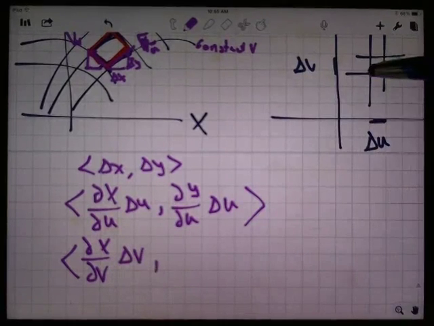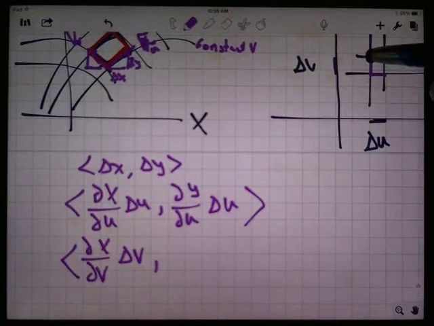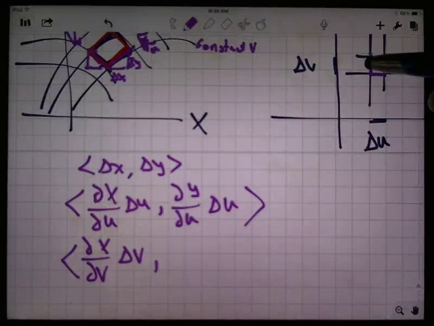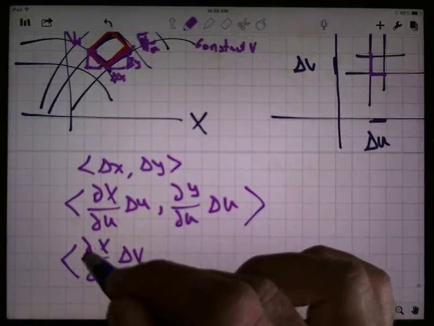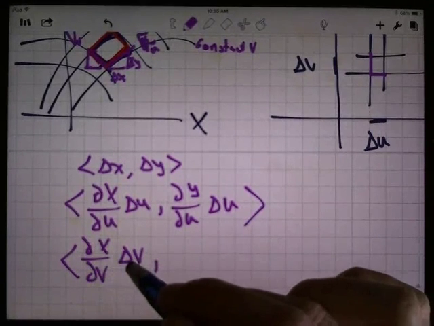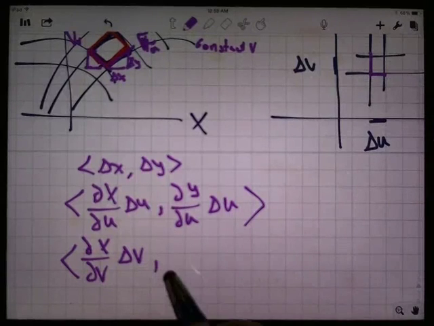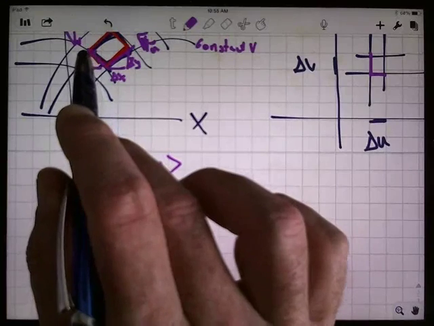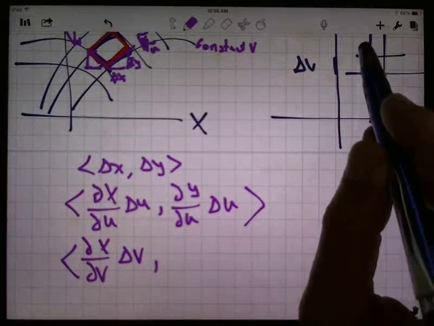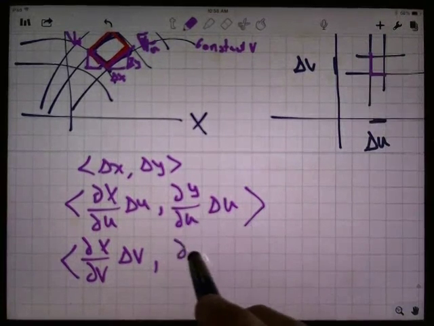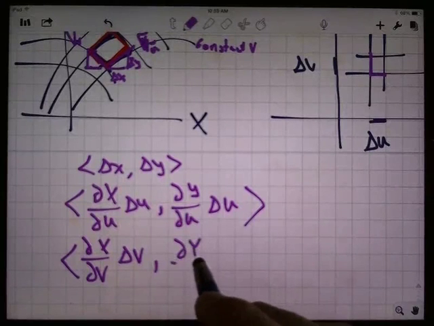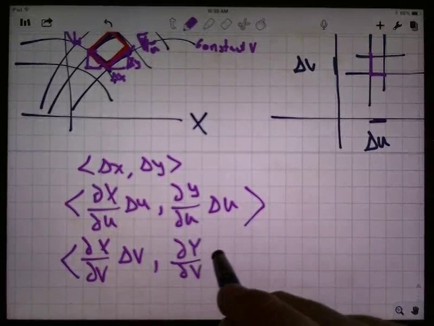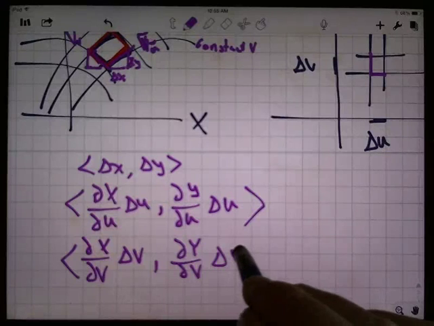All right, so I'm going to move this way along this one. So keeping u constant, I'm only changing v. X is going to change because there's a rate of change in that direction times the amount that you move. Right? Likewise, the y is changing because y is a function of v, and there's a rate of change of y with respect to v, and then you multiply by how far you go in the v direction.